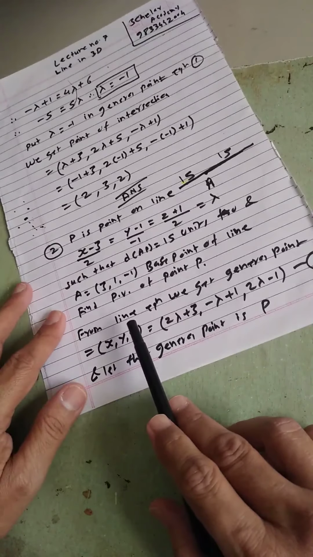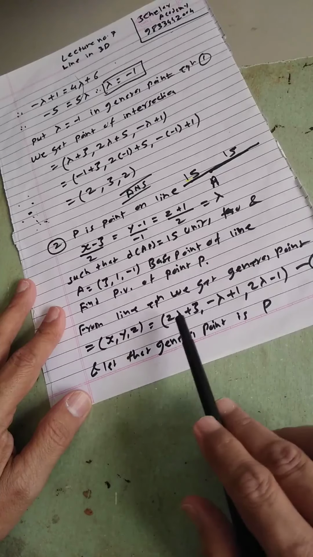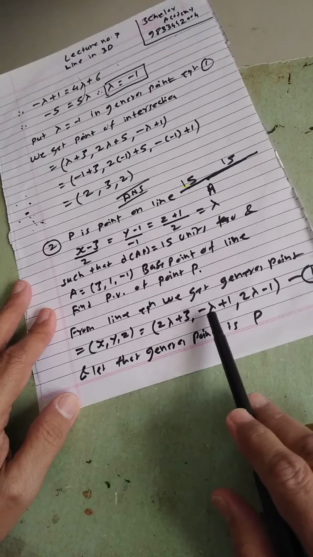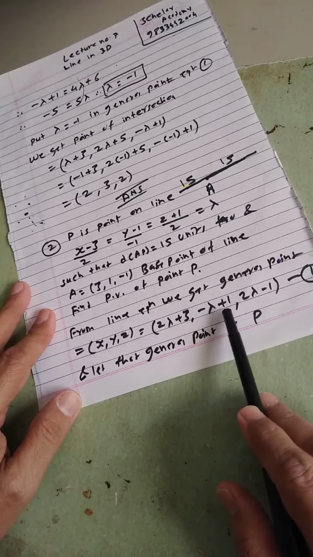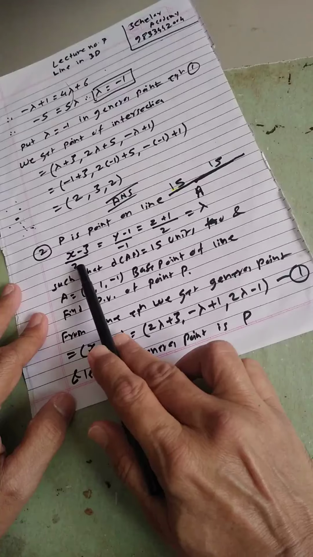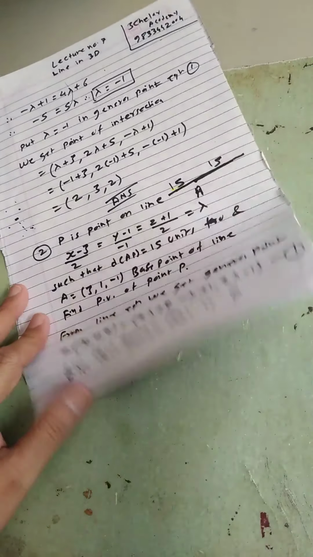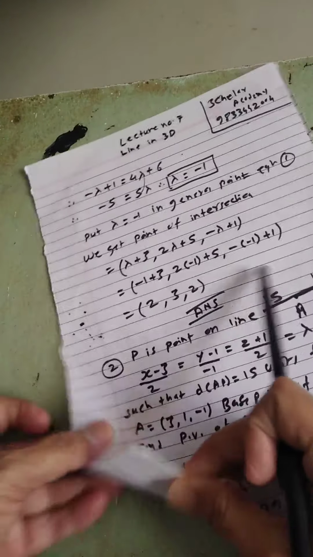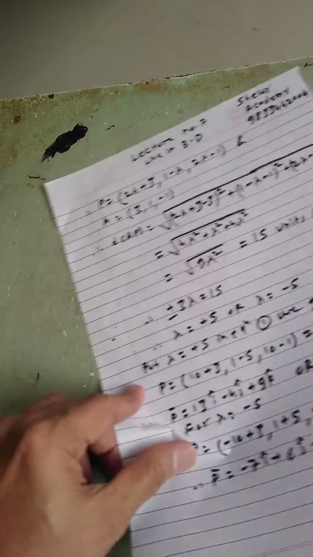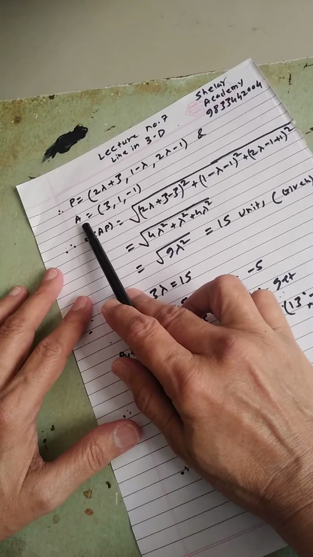Now for the line, the general point is x, y, z, that is 2 lambda plus 3, 1 minus lambda, and the z coordinate is 2 lambda minus 1, that we get from the first ratio for the x coordinate, from the second ratio for the y coordinate, and from the third ratio for the z coordinate. Now that general point is such that its distance from A is equal to 15.